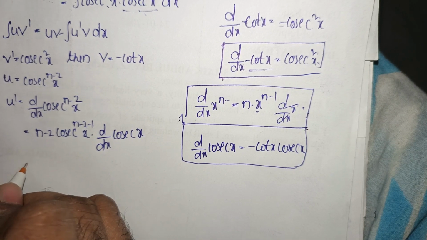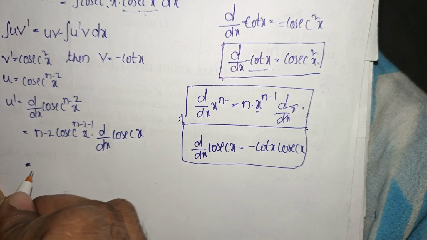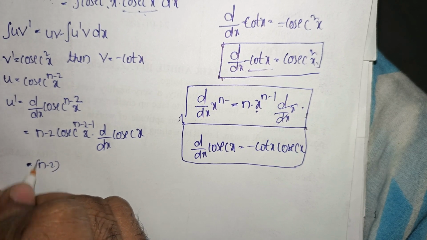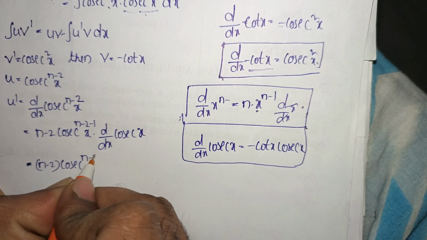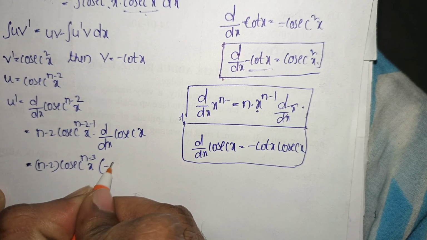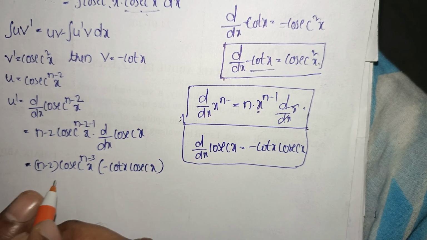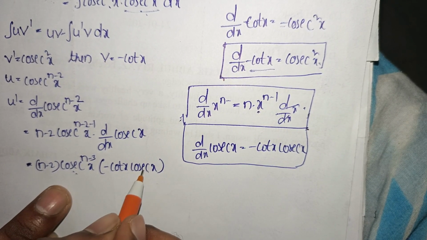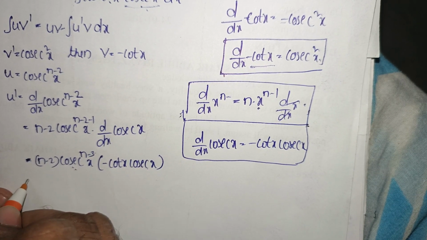So now coming to the next step, n minus 2 in the bracket cosecant n minus 3 x. D by dx of cosecant x is minus cot x cosecant x. So the base is the same, cosecant x cosecant x, so we just add plus 1 to the power. We are doing that in the next step.